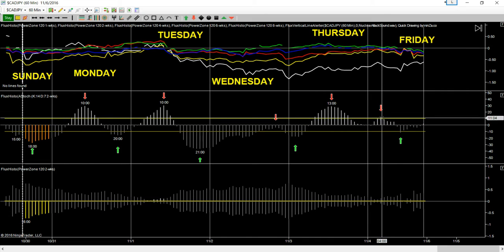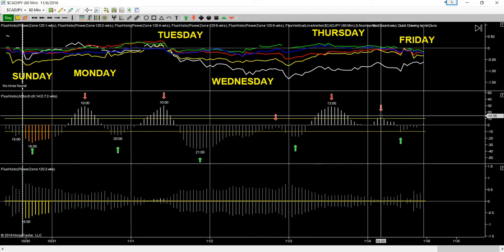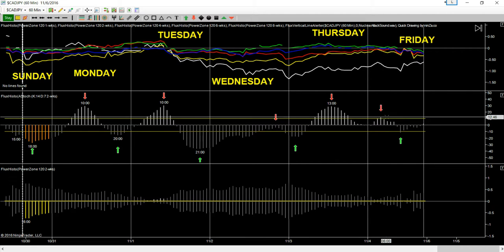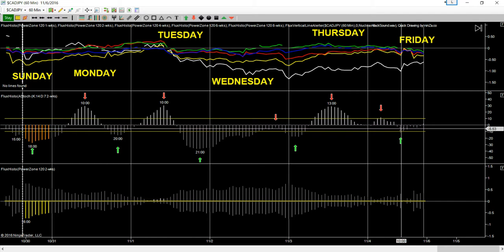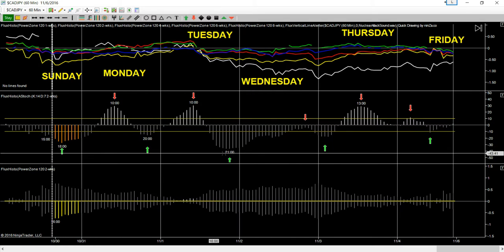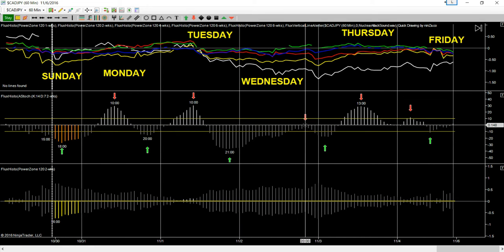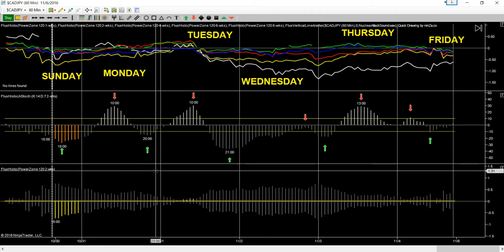So this time here is going to be 4 a.m. in the morning. Look for a down move on Friday, and then an up move at 10 a.m. All right, again, you can pause the video and get the times down.